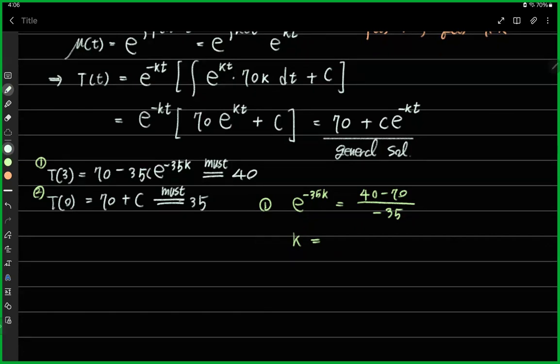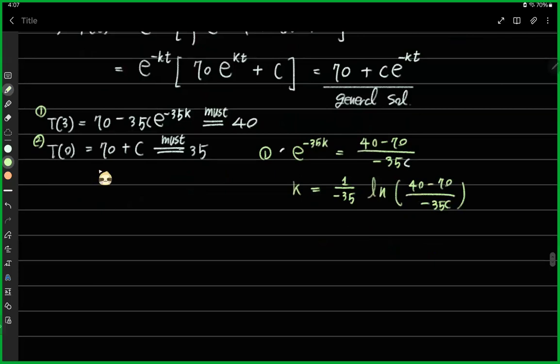So there is a C right here, right? Okay. So let's move this one to here, 35C, is it? Thank you. So K is equal to 1 over negative 35 times the natural log of 40 minus 70 over negative 35C.